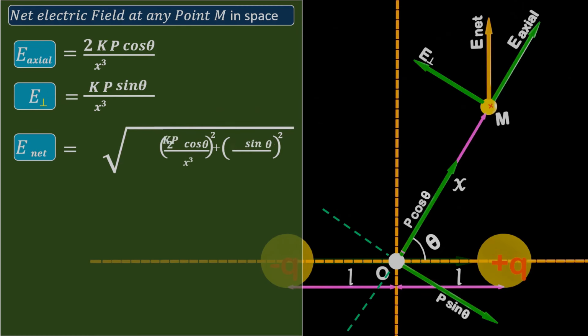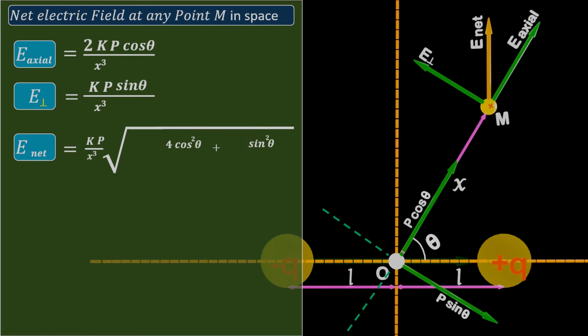The term kP by x cube to the whole square can be taken outside of the bracket, leaving us with 2 cos theta whole square plus sin theta square inside the bracket, bringing the kP by x cube to the whole square outside of the square root. The equation becomes kP by x cube into root of 2 cos theta whole square plus sin theta square, where square of 2 cos theta will be 4 cos square theta.